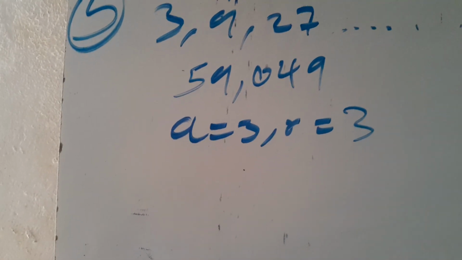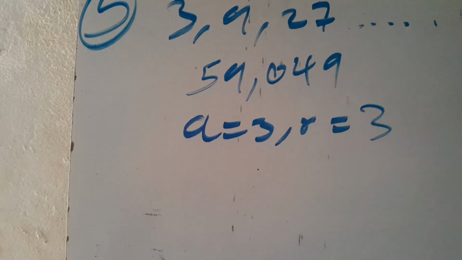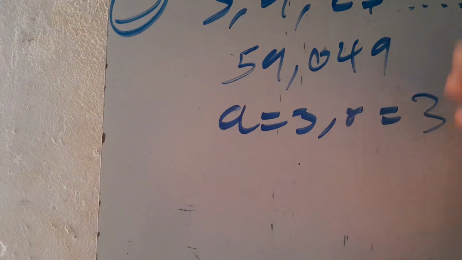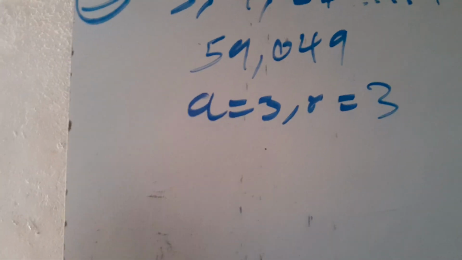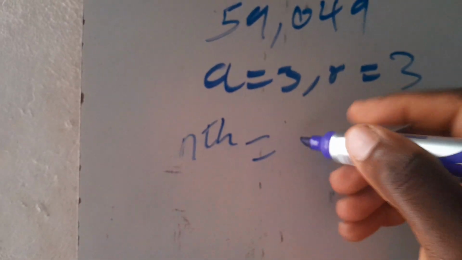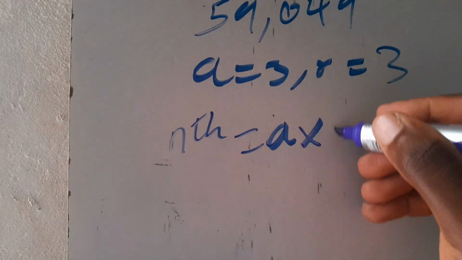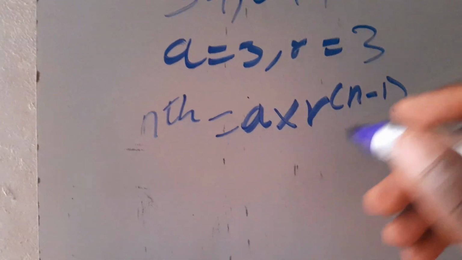And then you have been asked which term will be 59,049. We know if you want to find the nth term, it is the value of the first term a times the ratio r raised to power n minus 1, right?